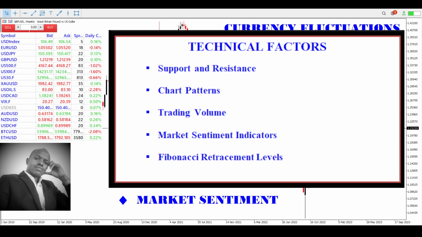So a technical trader will basically take a long or a short position, or rather, technical analysis identifies key support and resistance levels in currency pairs. Breakouts or reversals at these levels can trigger significant price movement.